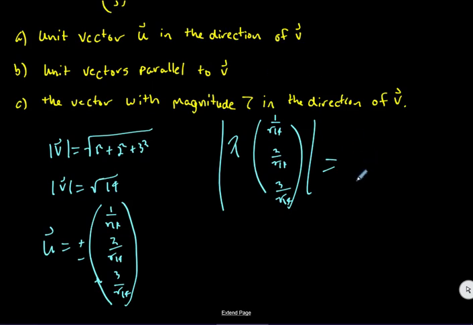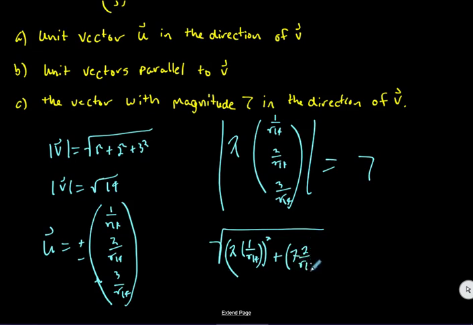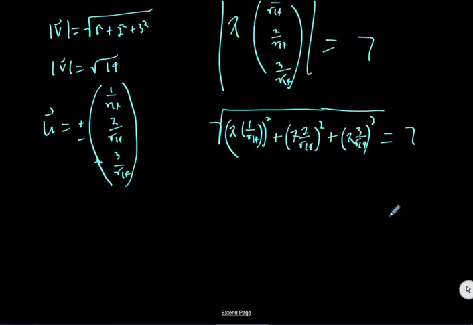So that's going to be equal to 7, which is going to be the square root of lambda 1 over square root of 14 all squared plus lambda 2 over square root of 14 squared plus lambda 3 over square root of 14 squared equals 7.